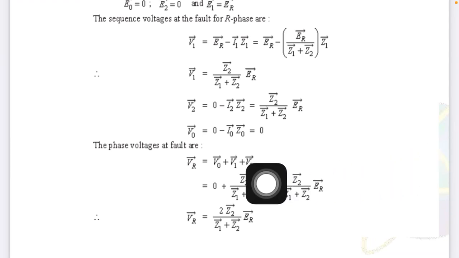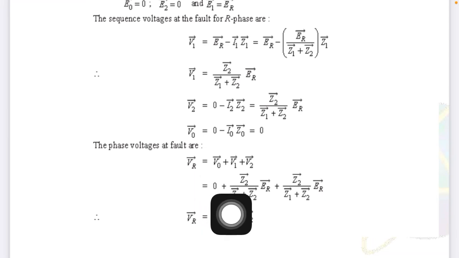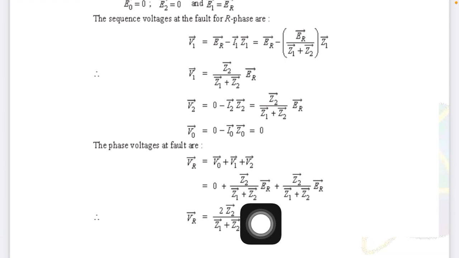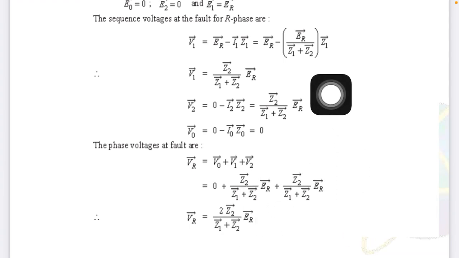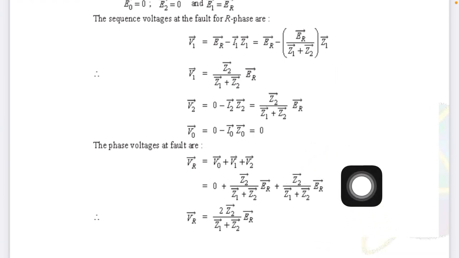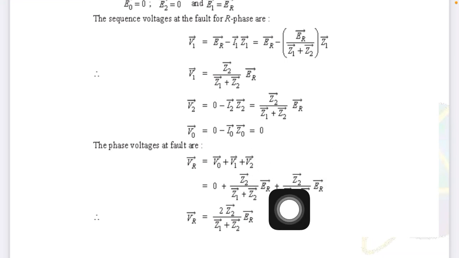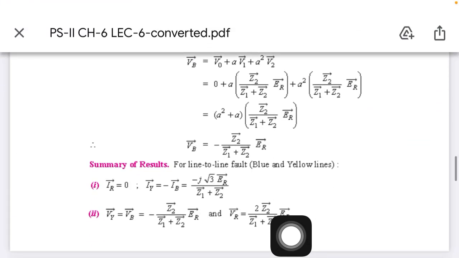So the total phase voltage VR is equal to V0 plus V1 plus V2. V0 is 0 due to the fault. V1 is Z1 divided by Z1 plus Z2 into VR, and V2 is Z2 divided by Z1 plus Z2 into VR. So resultant VR is equal to 2 Z2 divided by Z1 plus Z2 into ER.